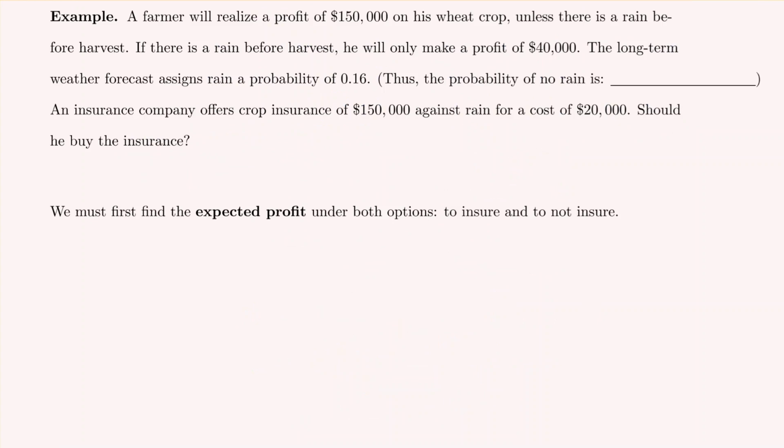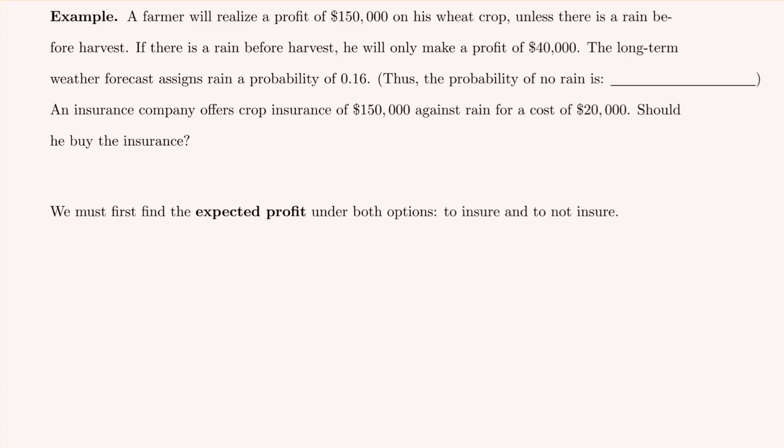So in our next example, we are told that a farmer will realize a profit of $150,000 on his wheat crop unless there is rain before harvest. So if there's no rain, the profit would be $150,000. If there is rain before harvest, he will only make a profit of $40,000.